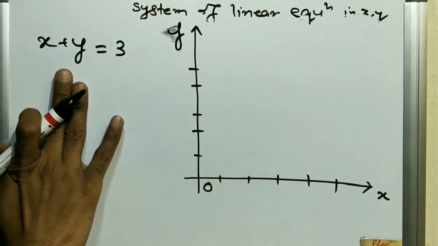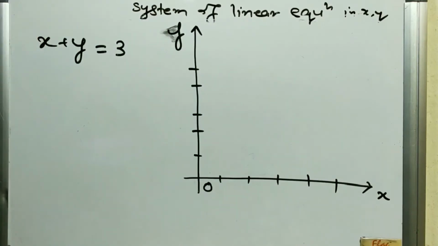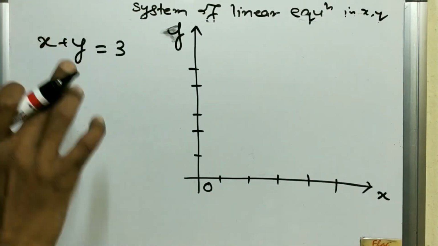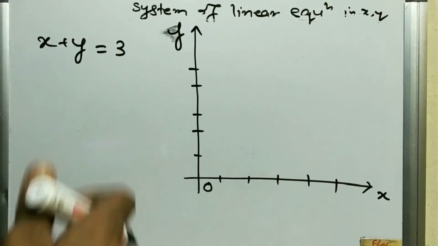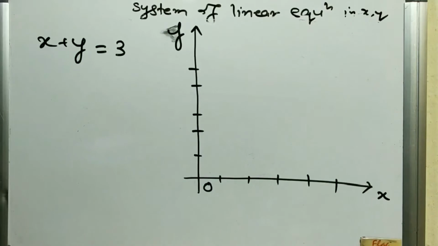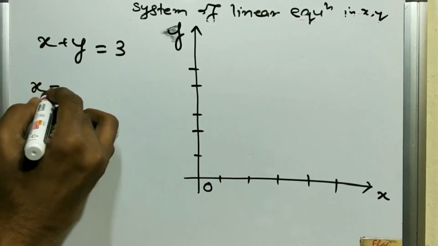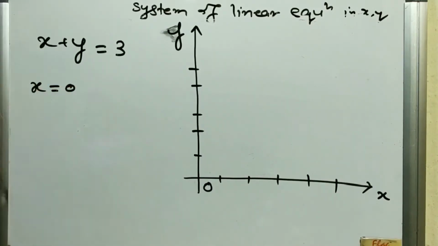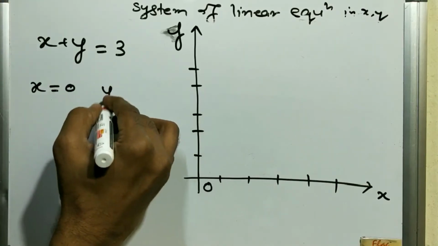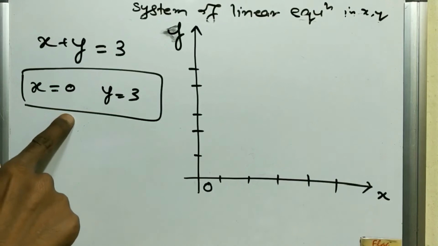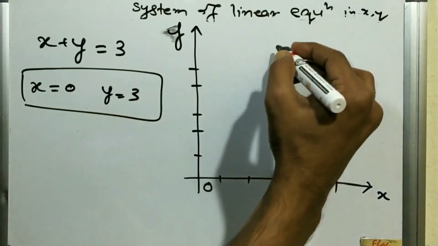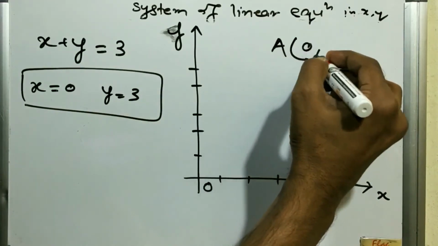For plotting this straight line, we need at least 2 points lying on the line itself. To get those 2 points, we first put x is equal to 0. When we put x is equal to 0, y is equal to 3. So our first point is x is equal to 0, y is equal to 3. The coordinates will be A.